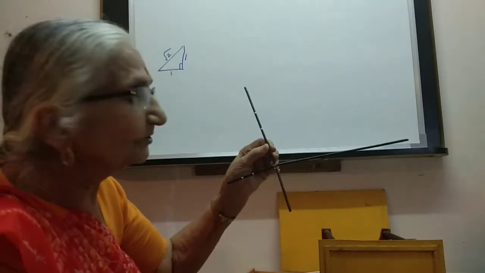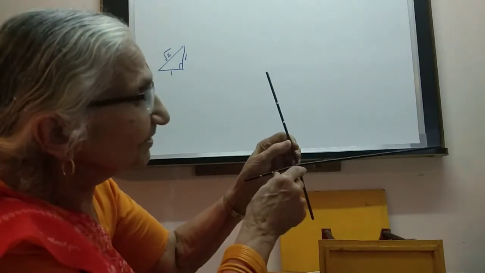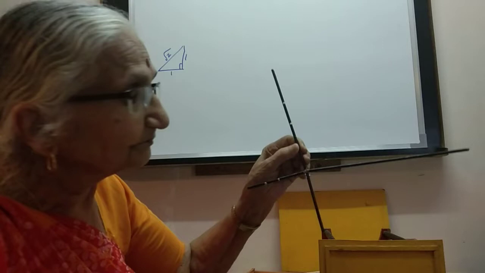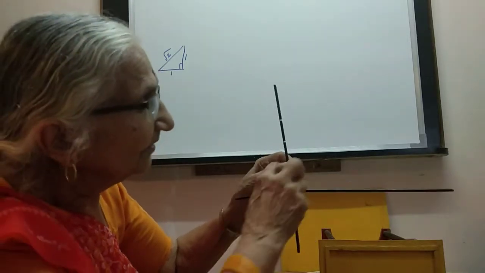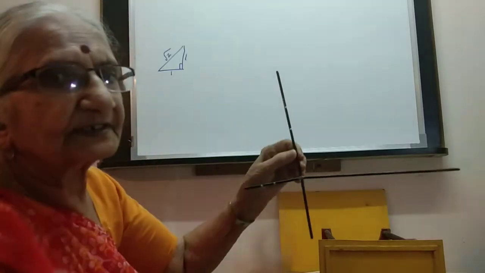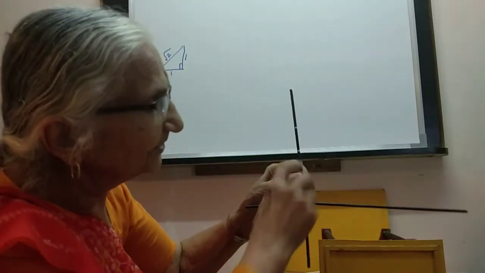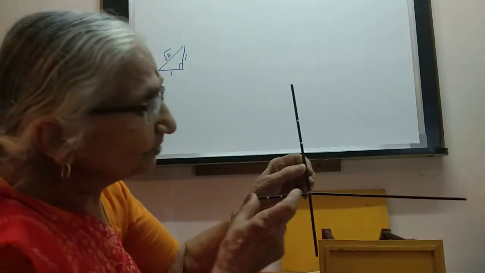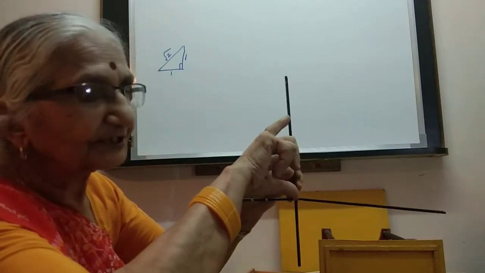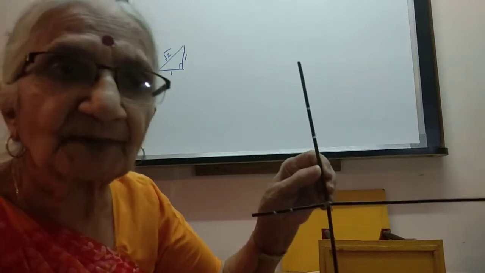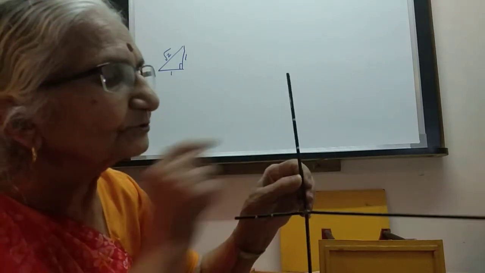So this is our unit, whatever it is. Once we take this unit, now we are fixed. We have to take 2 units along the vertical one. So 1 unit here, 2 units here. That is how we have marked 1 unit here and 2 units here.